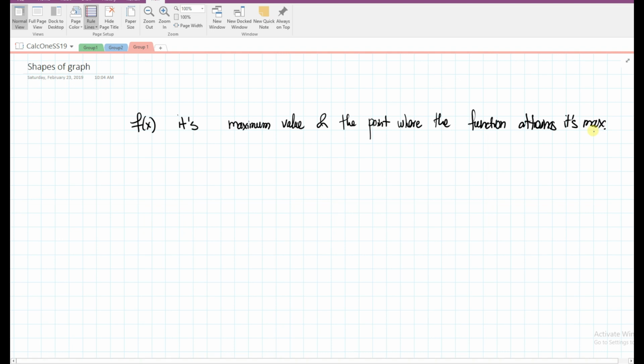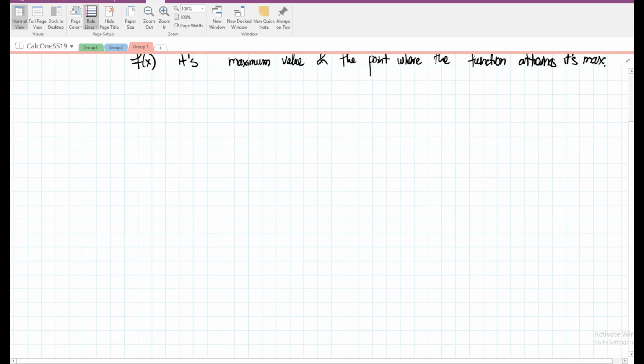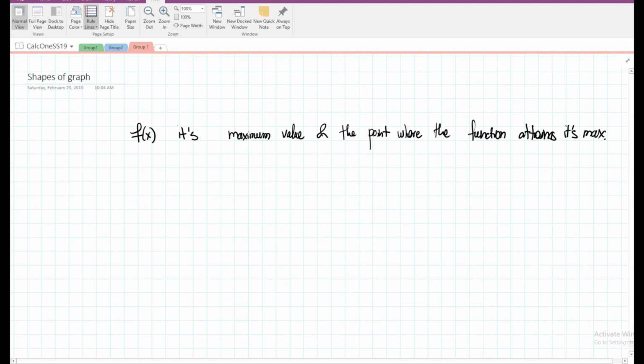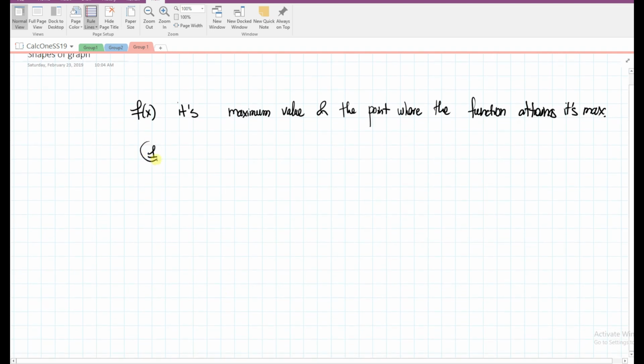So we say that we need to do 3 steps in order to find the maximum or minimum points of the function. The first step is we need to find all critical points, right? Or sometimes we call this extremum points. So find all critical points.